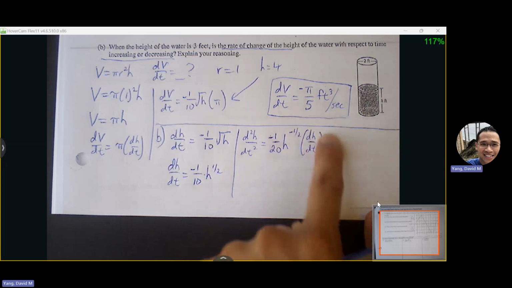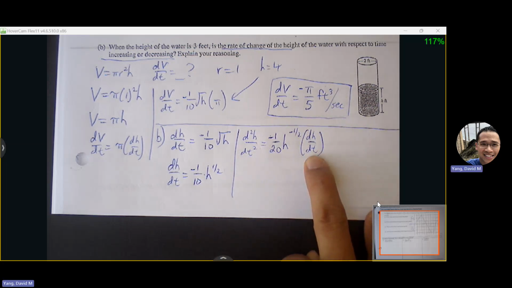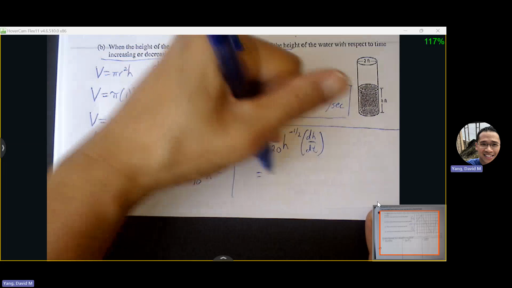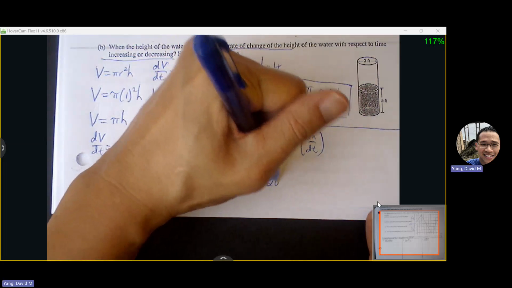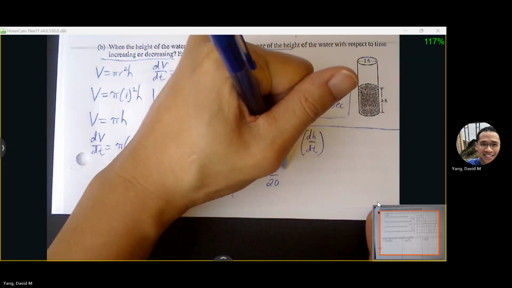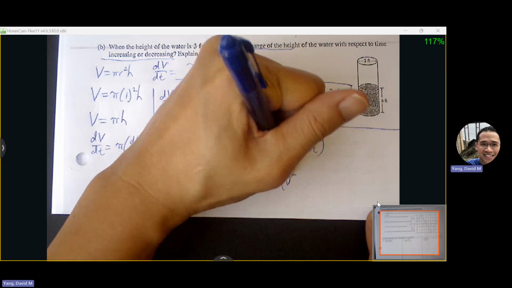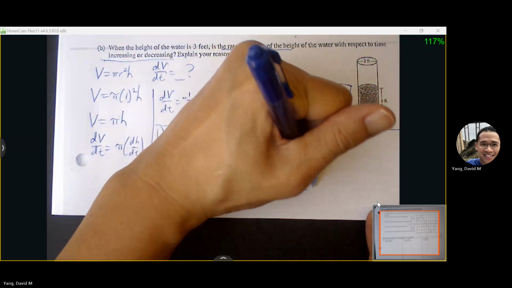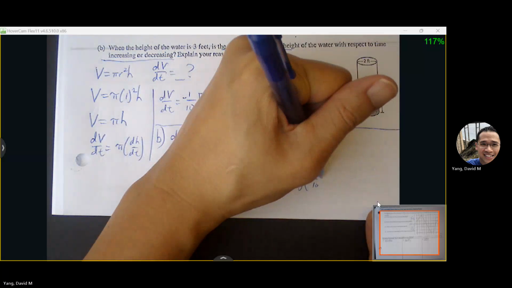To make it a little bit easier for me to interpret, I can replace this dh/dt with what? Yeah, so that way I can make my conclusion a little bit easier if I have everything in terms of h here.